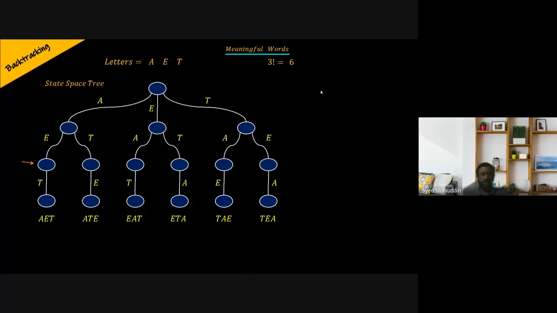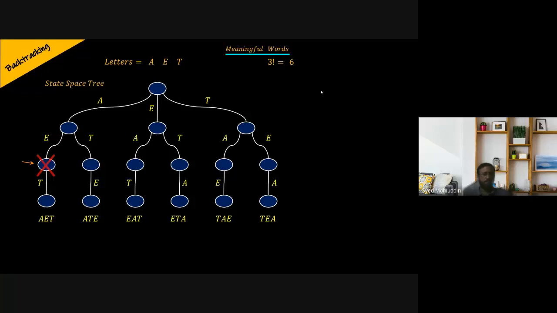So AE. Now, in English, is there a word which starts with AE and ends with T as the third letter? No, it's not a meaningful word. So we do not move further or construct the children of that node.